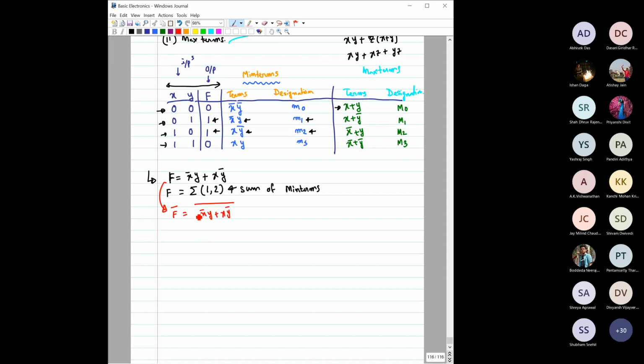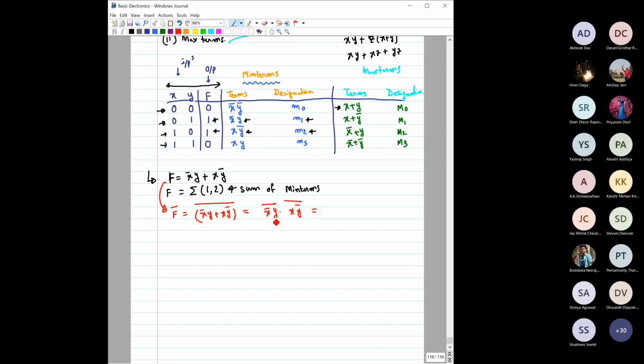We know how to split this using De Morgan's theorem. So it becomes x bar y, whole bar, times x y bar, whole bar. The plus becomes dot, meaning the OR operation becomes the AND operation.